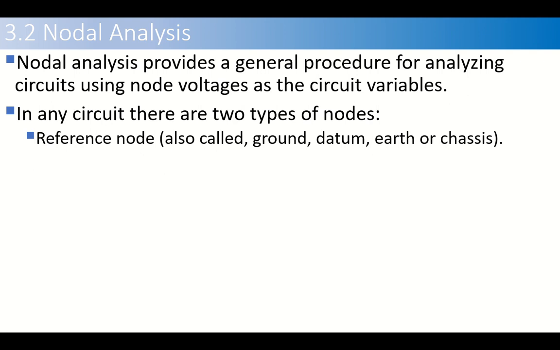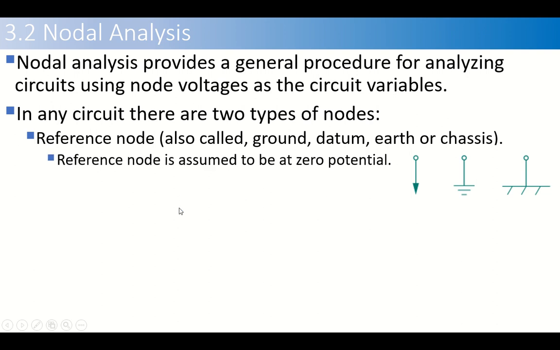That reference point or node is known as the ground node. Other than that reference point, there will be non-reference nodes. Generally the reference node is denoted in the circuit using an arrow or these three lines as a symbol. These are the symbols in the circuit for the reference node.